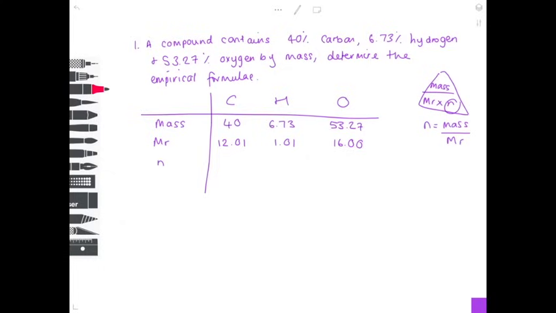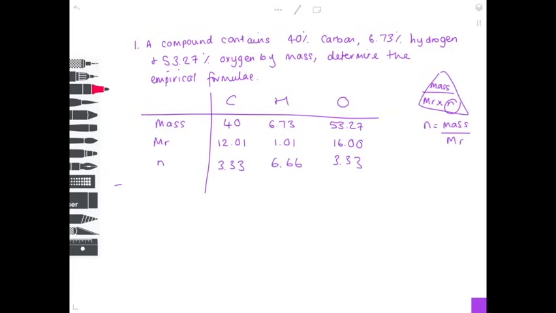So first of all, for carbon, divide 40 by 12.01 to get 3.33. To get the number of moles of hydrogen, do 6.73 divided by 1.01 to get 6.66. And lastly, for oxygen, do 53.27 divided by 16 to get 3.33.